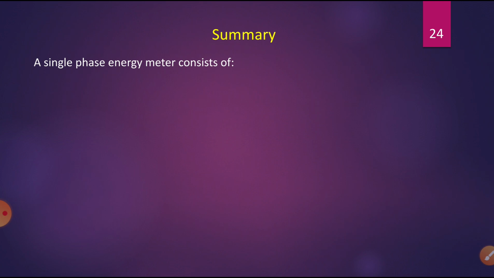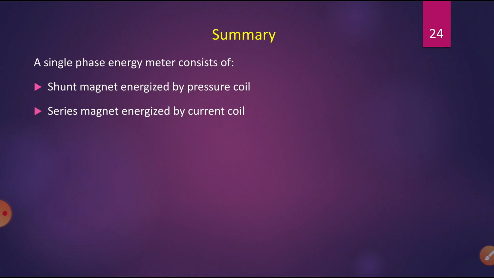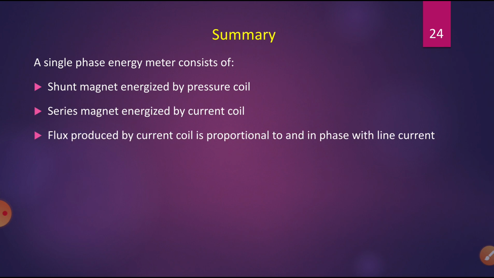Let us summarize what we have seen in this class. A single phase energy meter consists of a shunt magnet, energized by the pressure coil, and a series magnet energized by the current coil. The flux produced by the current coil is proportional to and in phase with the line current.